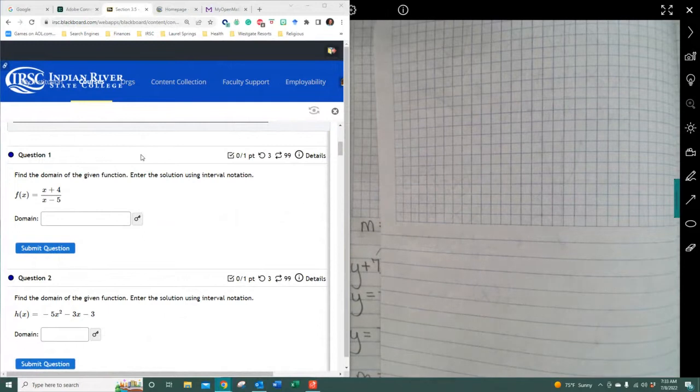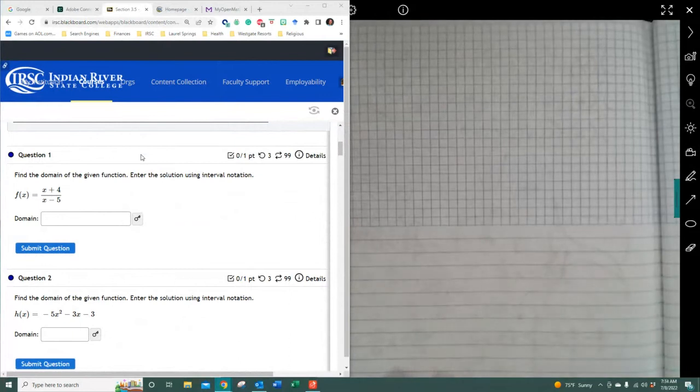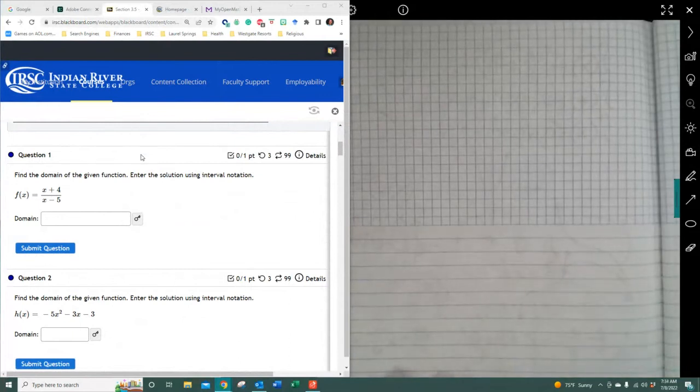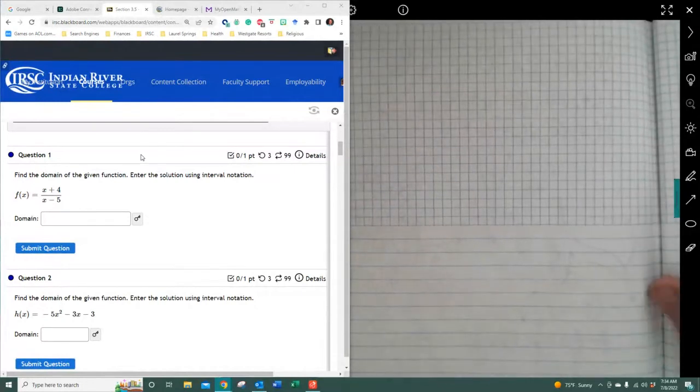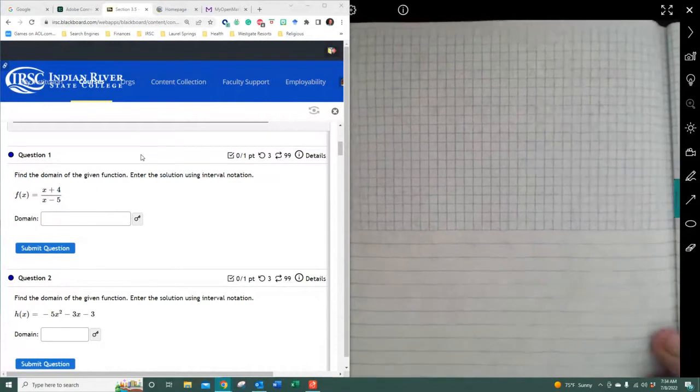Now, we talked about domain restrictions. Again, domain restrictions are all about what you can put into the equation as far as x values. Domain is related to x values. So input creates output. So functions are all related to these concepts of input and output. And the functions themselves have restrictions.